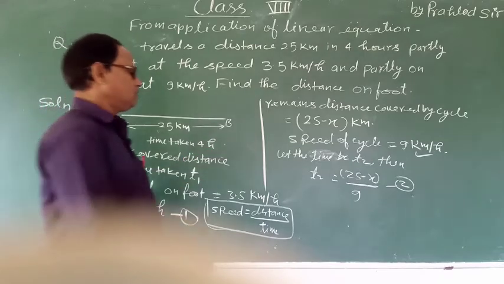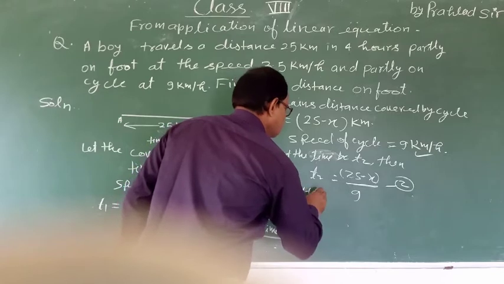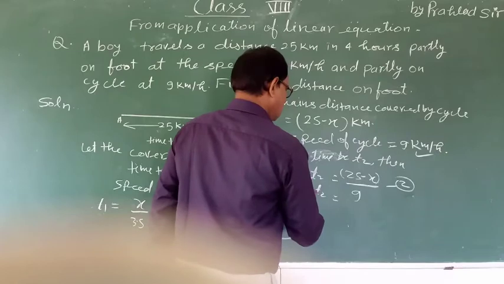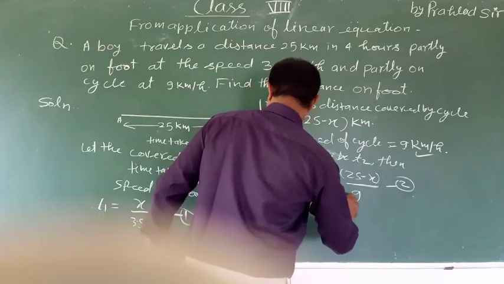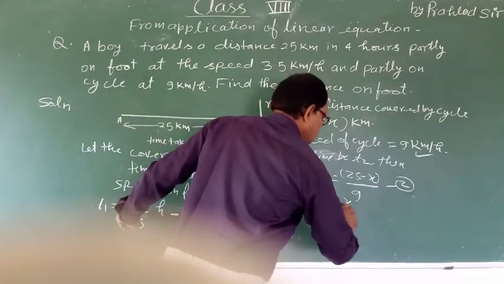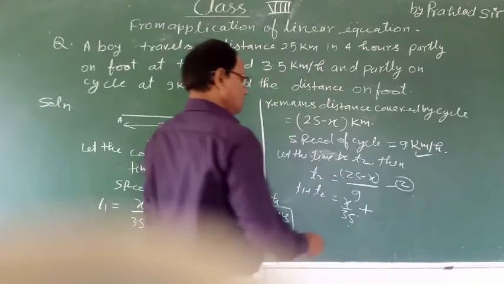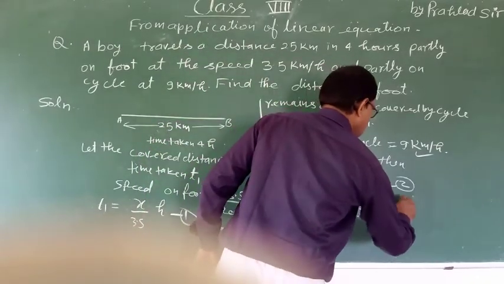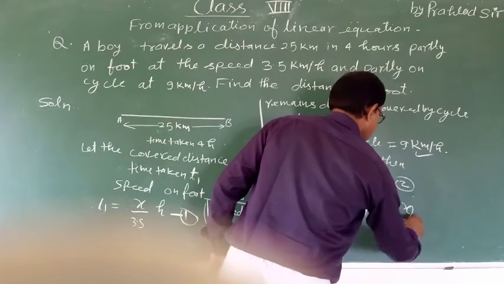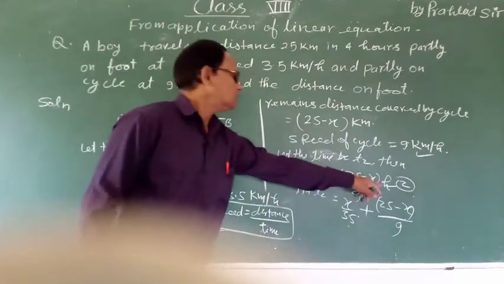Total time is T1 plus T2, which is x by 3.5 hours plus 25 minus x by 9 hours.